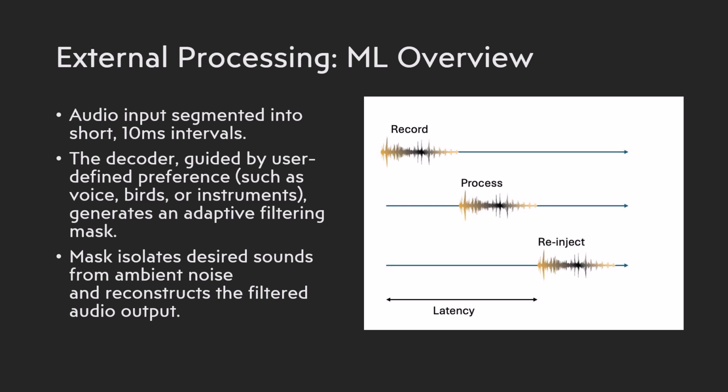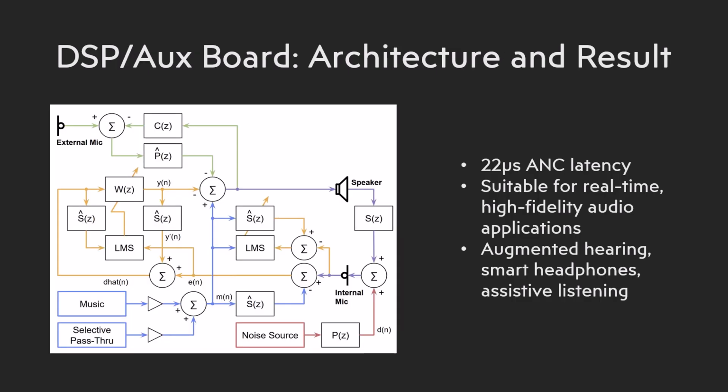So short bursts of 10 milliseconds are injected into the machine learning model. The decoder, guided by a user-defined preference, generates an adaptive filtering mask around the incoming sound. And then the mask isolates the desired sounds from ambient noise and reconstructs the filtered audio output.